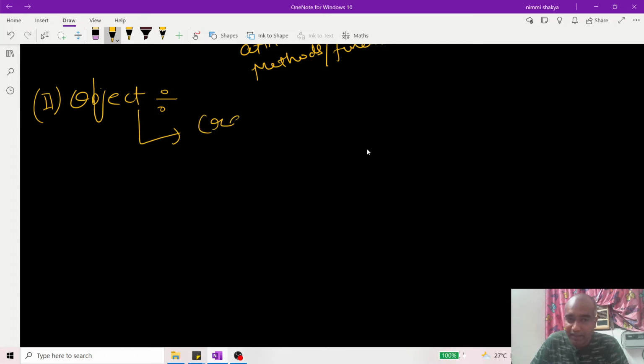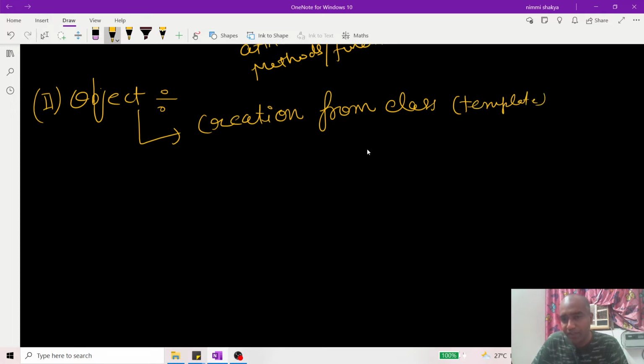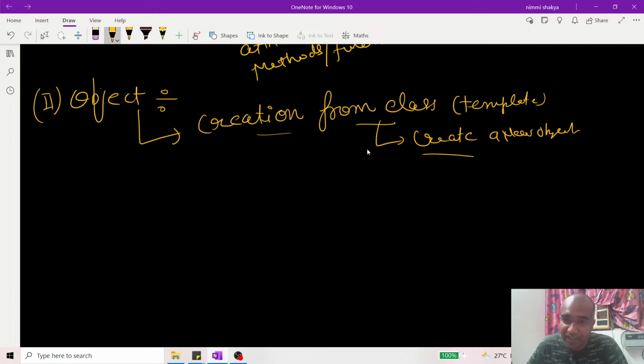An object is basically a creation from a class, based on the template or the blueprint. When you provide the information and create a new object, then this is known as an object. Creating a real world object from the class template, or from the blueprint of the class, is known as object creation.